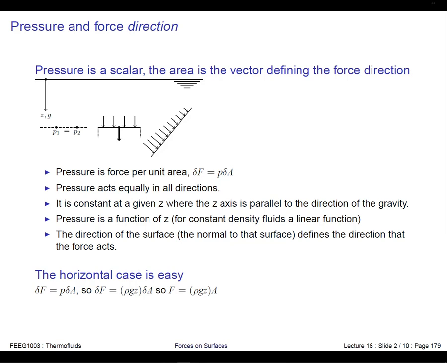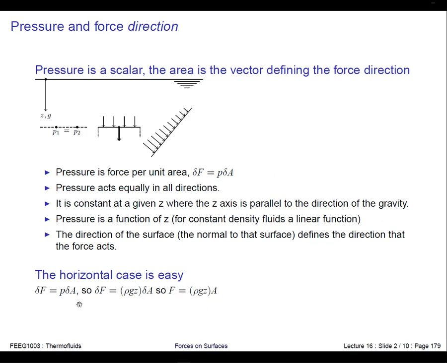Okay, when we have a surface that's horizontal underneath a liquid, we know that the pressure all the way along this surface is the same, so it's relatively straightforward to work out the total force on this horizontal surface, because the integral becomes very easy. We can see this at the bottom.